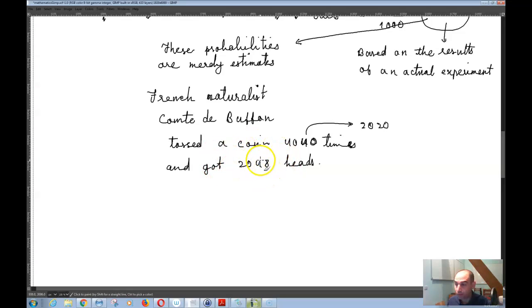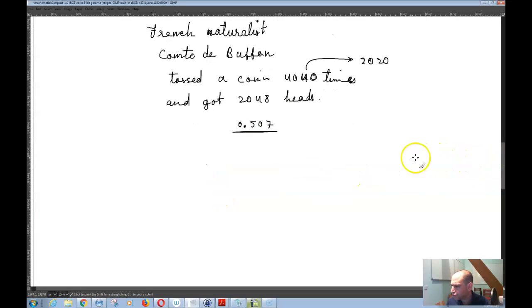Not very far apart, which would be a ratio of 0.507. And there was another gentleman from Britain, J.E.